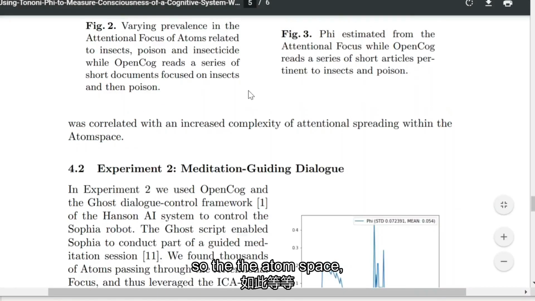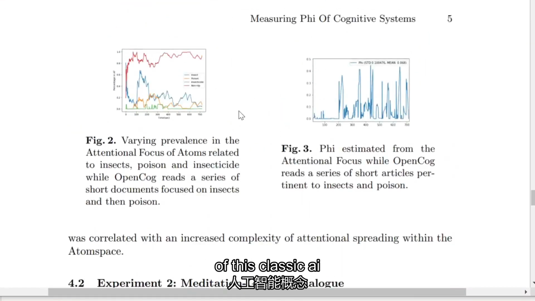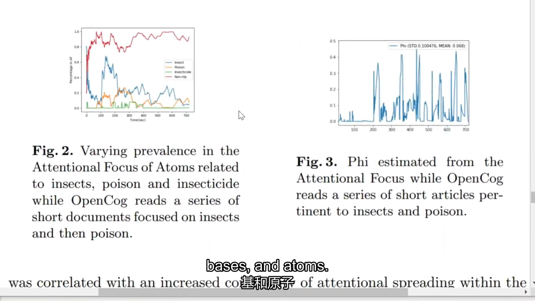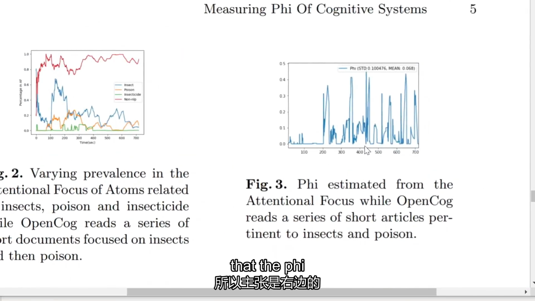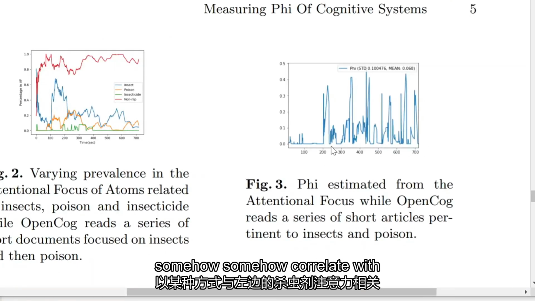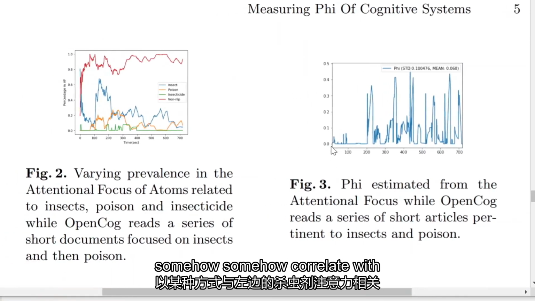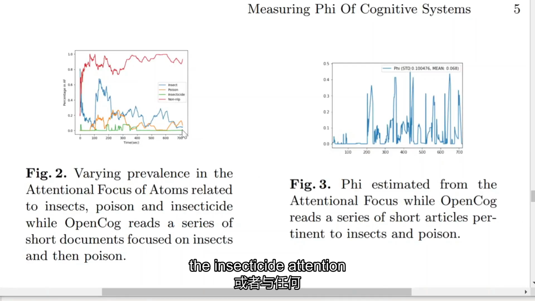So the atom space and so on, that's sort of this classic AI concept of knowledge bases and atoms. But here, the claim is that the phi on the right somehow correlates with the insecticide attention on the left, or with anything interesting, and that to me is a stretch.